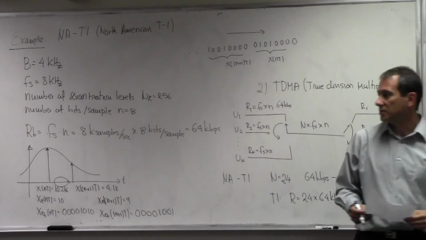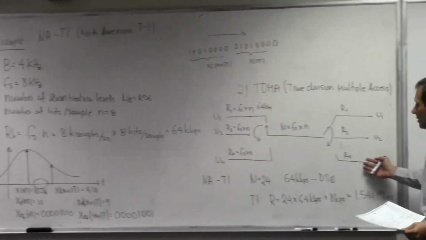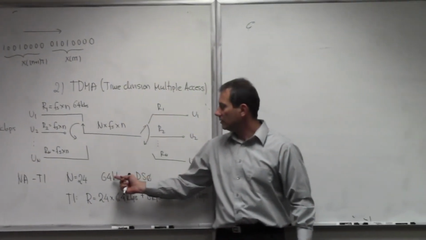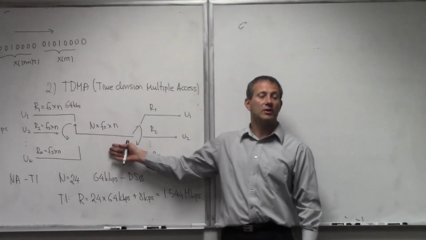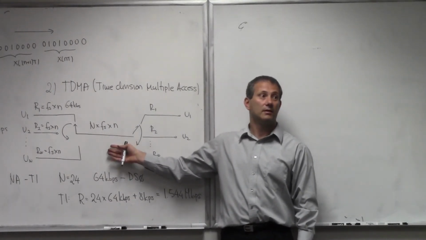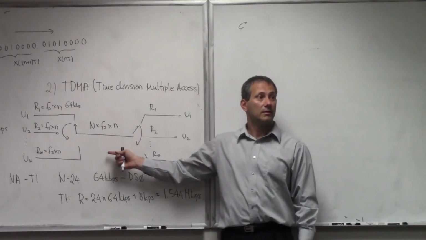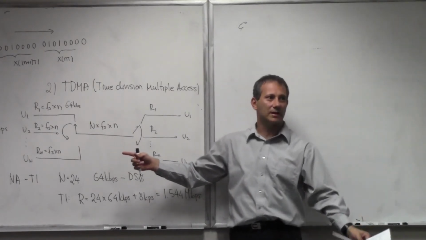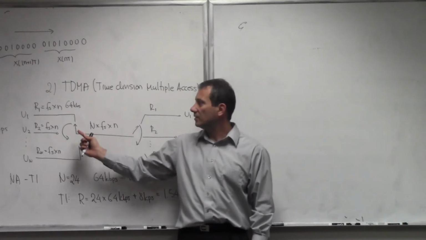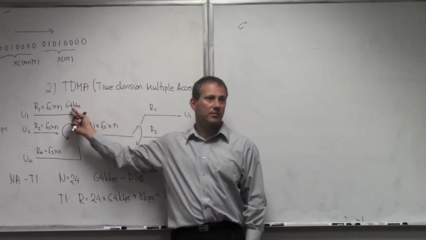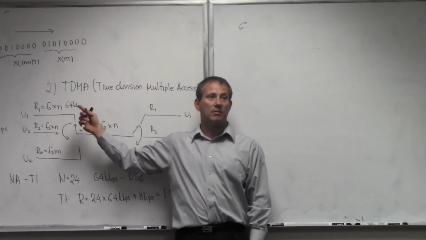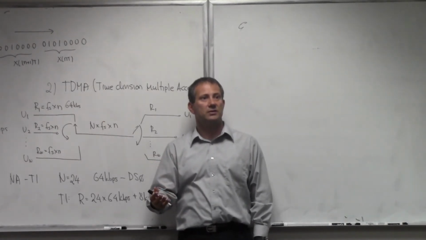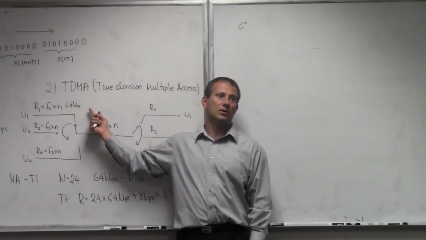I'm not going to spend too much time, but this is how we do it in Europe. Does anybody know in the US? Do you know how this is structured in Europe? What is the E1 line? That's 2 Mbps. 2 megabits per second. So in the E1 line, we also start from 64 kilobits per second as a basic channel, but then they have 32 channels, each one 64 kilobits per second.